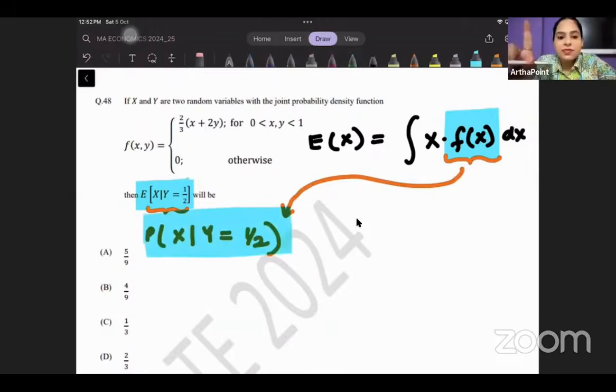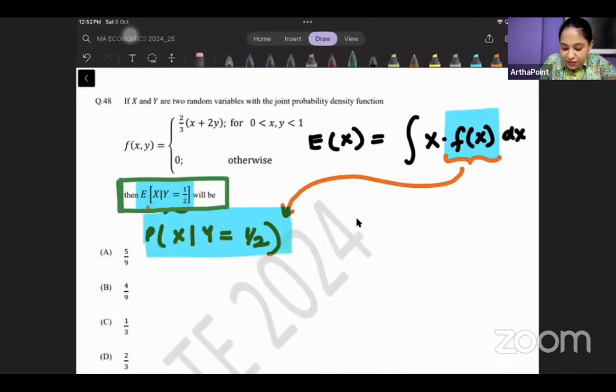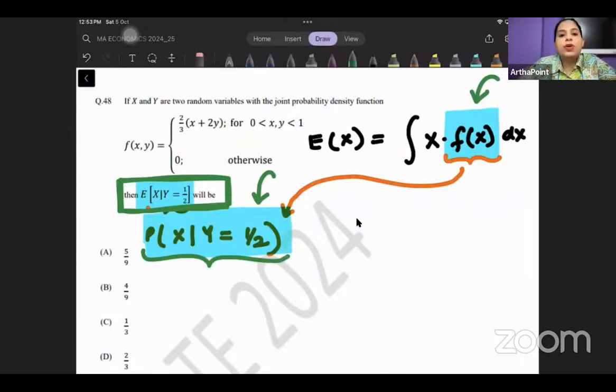That's the first thing. जिस भी चीज का expected value निकालना होता है, you will go ahead and you will plug that probability ना. तो यहां पे I need to find the expected value of x given y equal to half, not x. तो I need to first find probability of x given y equal to half.